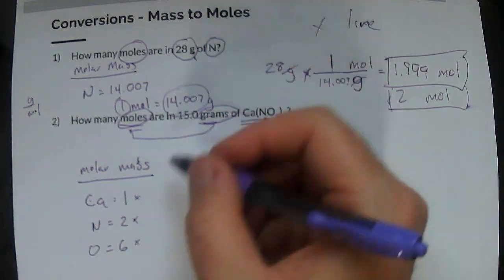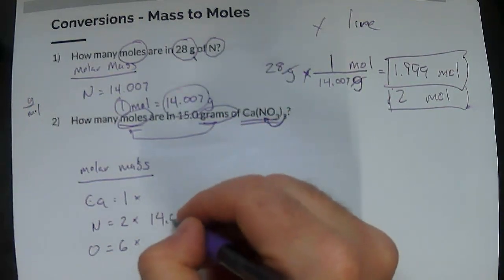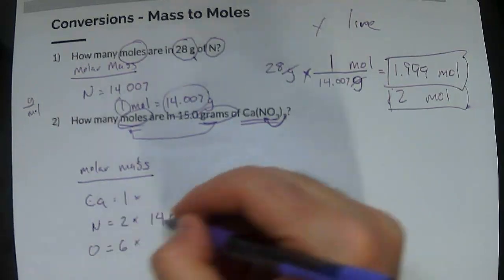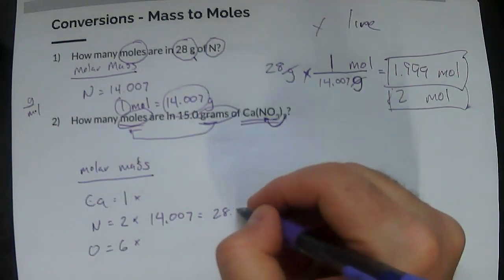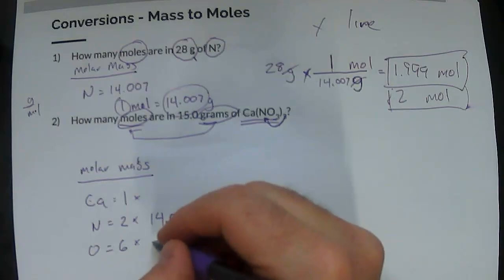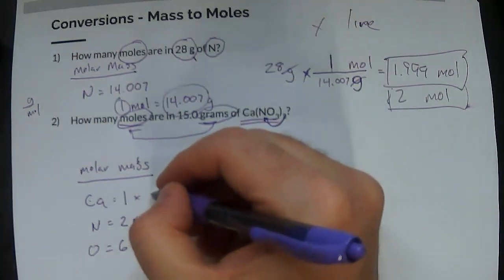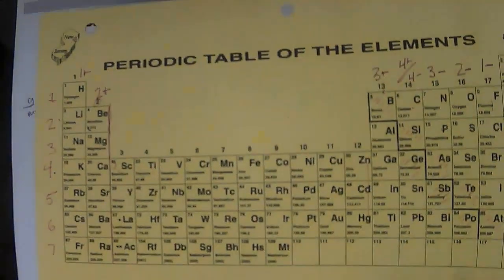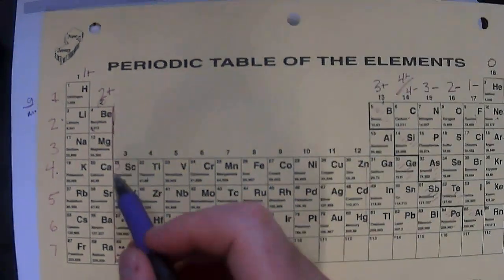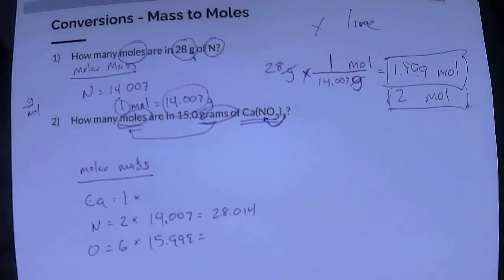Now, we just did N, that's 14.007. 2 times that is 28.014, and then this is 15.999. Calcium, I have to look up. It's right here, 40.08.